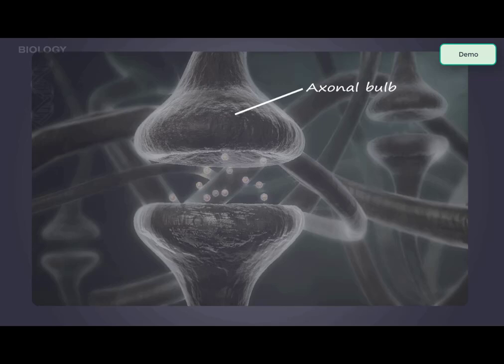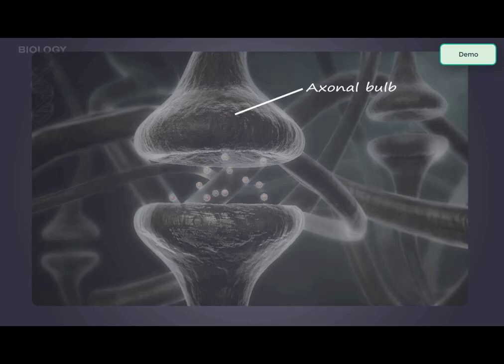It's also called synaptic button, or we call it synaptic knob. Now, inside that knob, what you can see are circular sac-like structures, and inside that sac, there are the chemicals which are going to carry the impulses, the neurotransmitters.